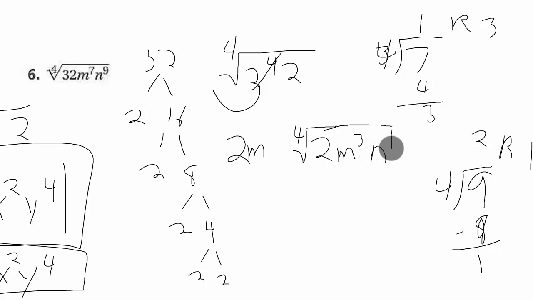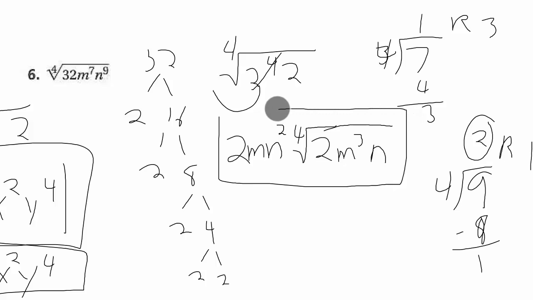You can write that 1 or not write it. So you could put the n with the 1 power, but I'm going to choose not to write it. Whereas on the outside, since 2 n's made it out, I am going to put an exponent of 2 on the n out here. So you get 2mn squared times the 4th root of 2m to the 3rd n. So that's your final answer.